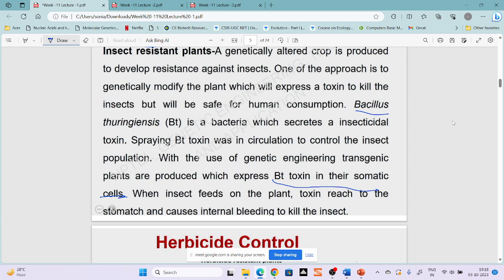So it might have some consequences in the longer run in the food chain, in the food web, and it might have other harmful effects that are not visible in one to two generations, probably only in the longer run. So that is still a debate.